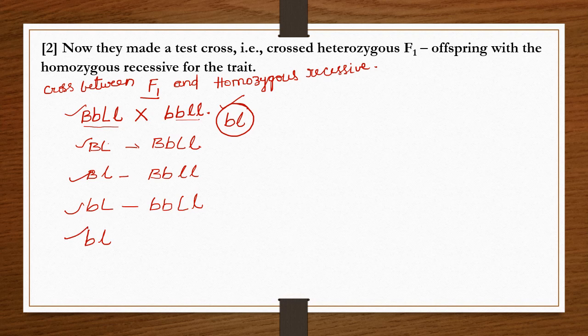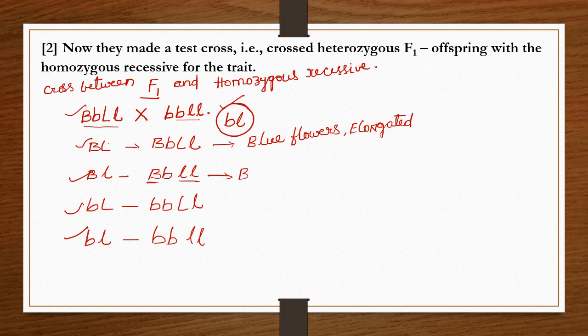And then small b, small b, small l, small l. The first represents blue flowers and elongated pollen grains. In the second, capital B means blue flowers, and both are small l's, so round pollen grains.